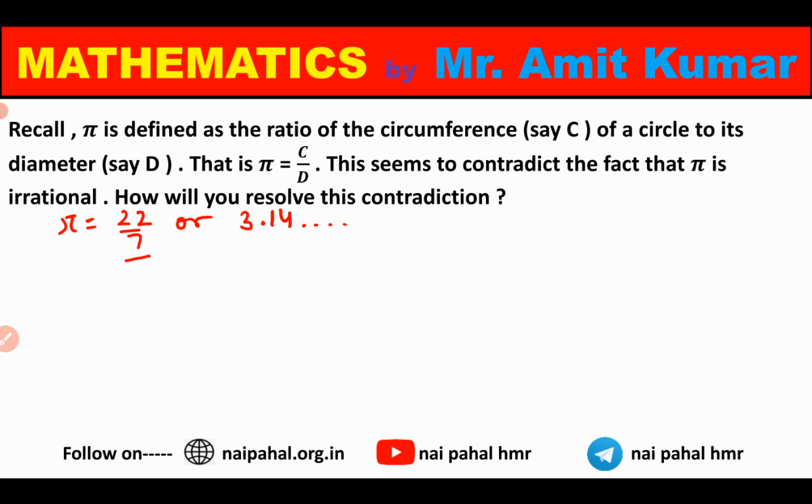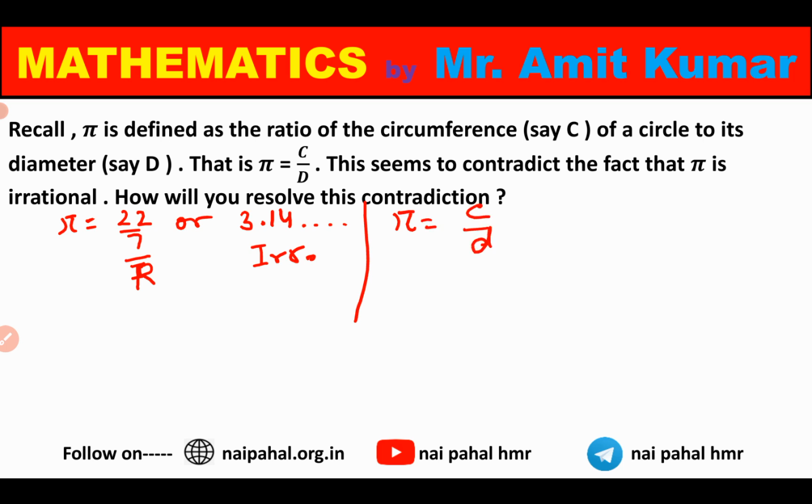In this case we can say that this is a rational number, and in the other case we can say that it is an irrational number. So for this contradiction we may recall pi is equal to C upon D.